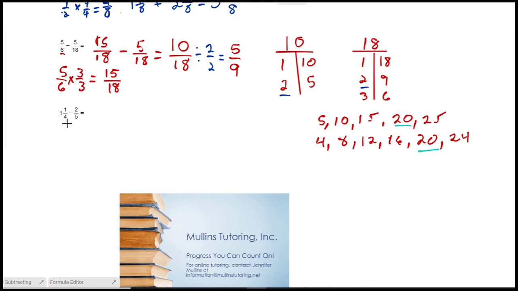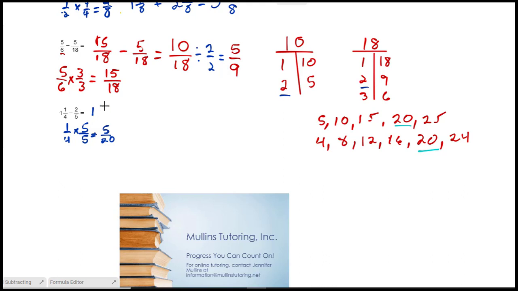I'm going to take the 1/4 and multiply it by 5 over 5, which gives me 5/20. And I'm going to bring my whole number over.